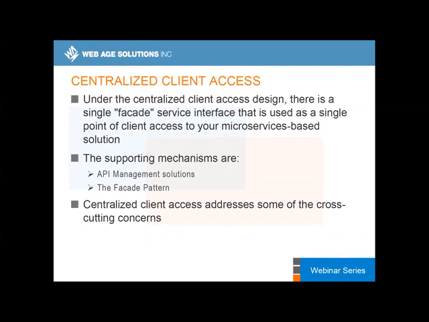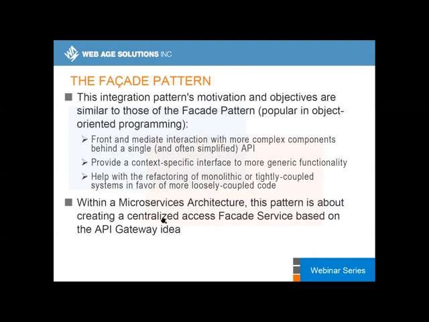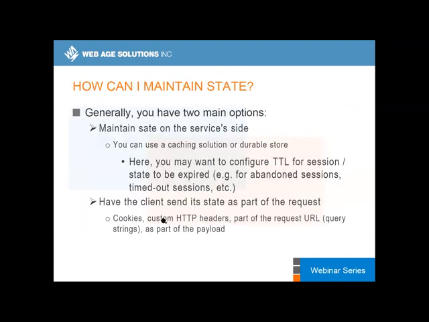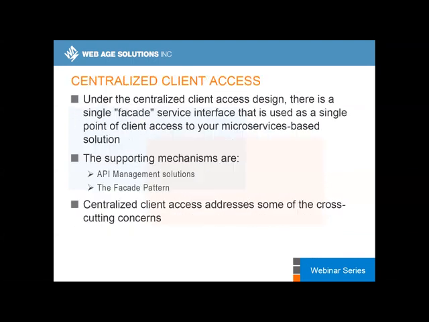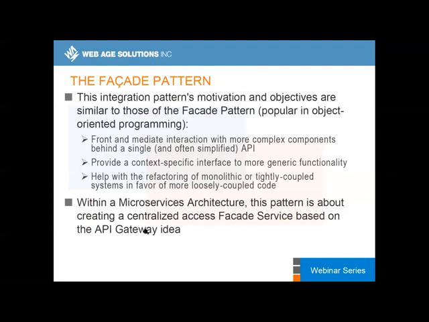So centralized client access gives you that facade service, which essentially becomes a single point of access. You've got two main supporting mechanisms: API management solutions and the facade pattern. It's kind of a gateway service, if you will. There is a picture, not shown here, that actually shows you that gateway idea. You have just a single point which takes on all the role of security, logging, and throttling of requests to make sure that you don't overload the backend service.